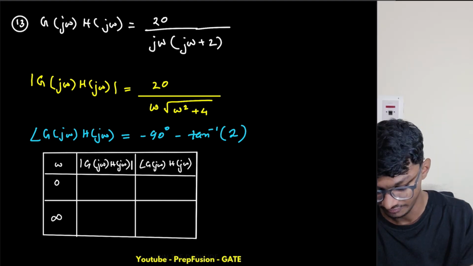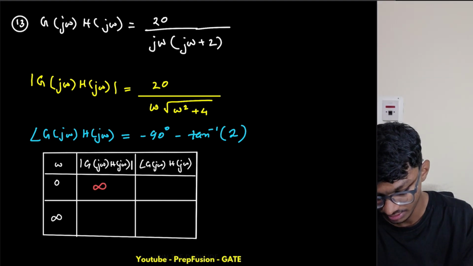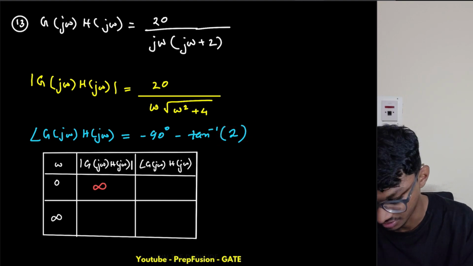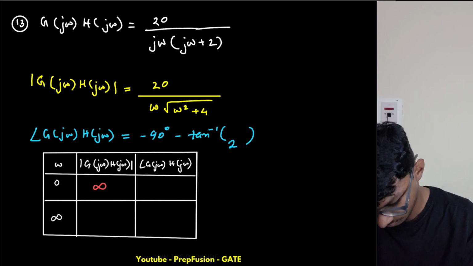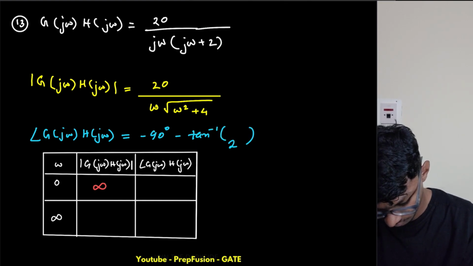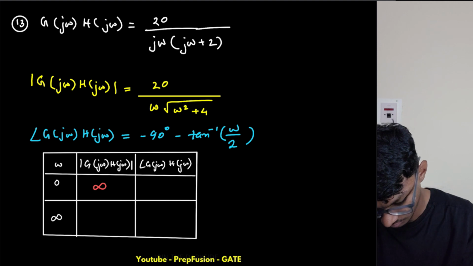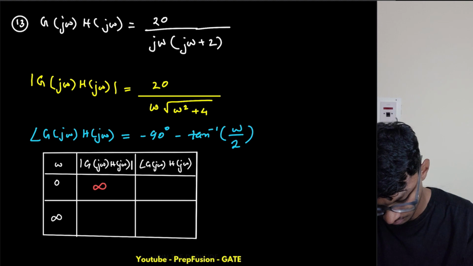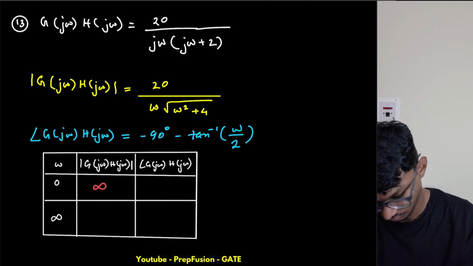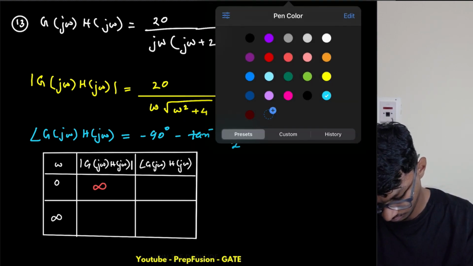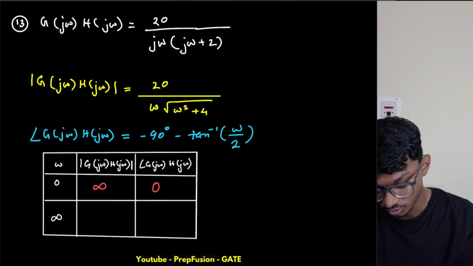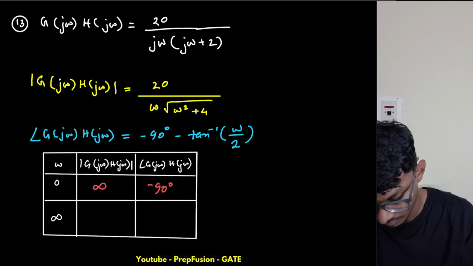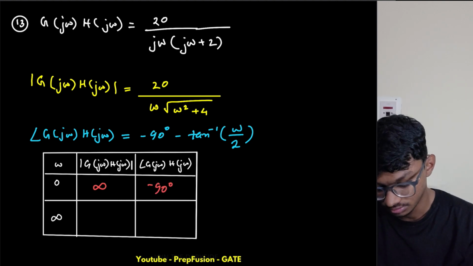This is infinity. And what is the angle as omega goes to 0? Okay, this is not 2, sorry. This is omega by 2. Really sorry. It is minus 90, right? Minus 90.